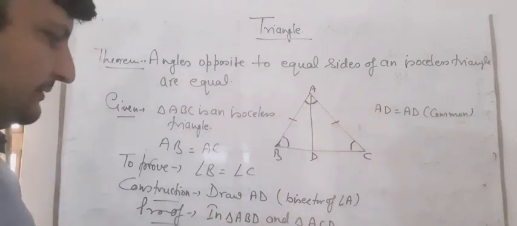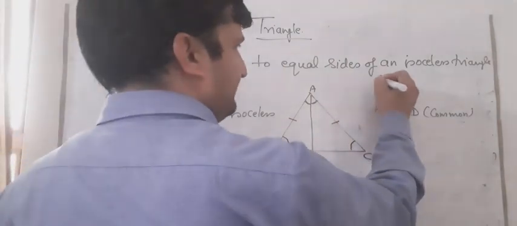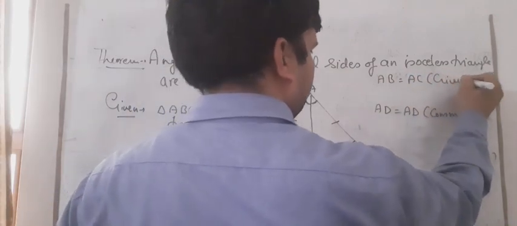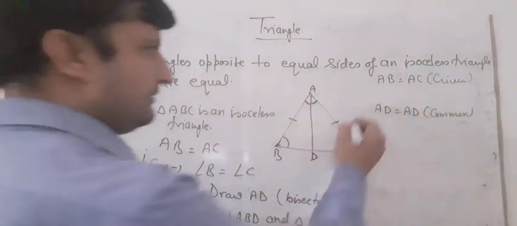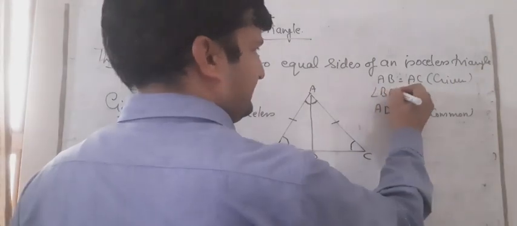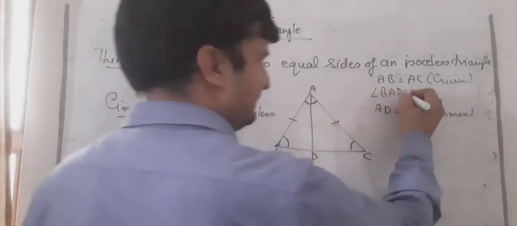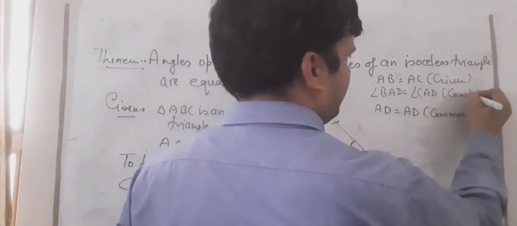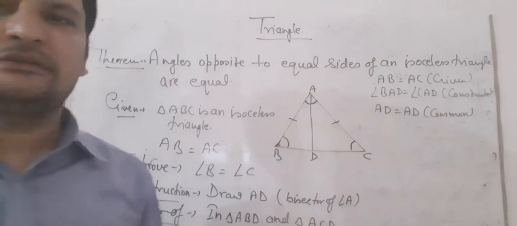I think it is not visible, so I am writing here AB is equal to AC. It is given, and angle BAD is equal to angle CAD. We have done this in construction.